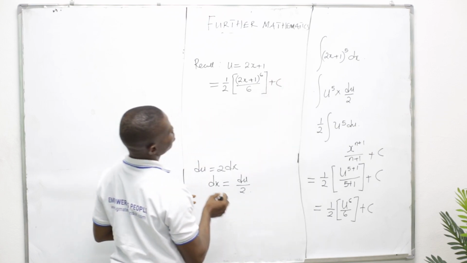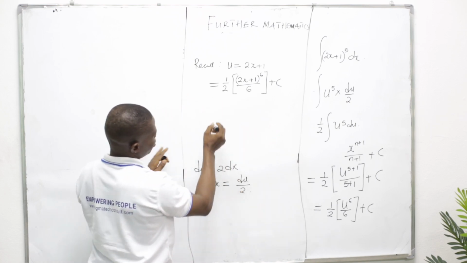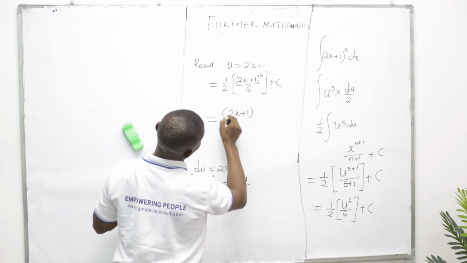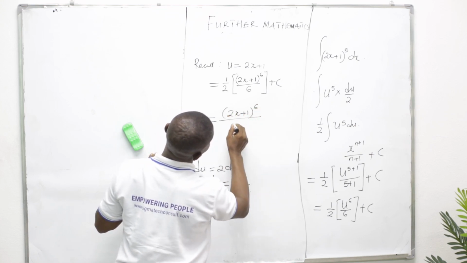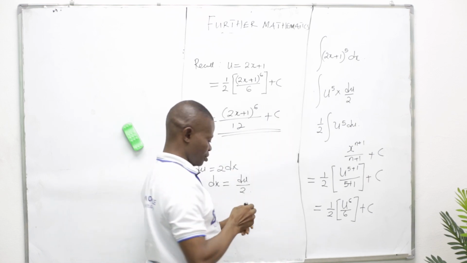Constant. If you want to leave your solution this way, fine, no problem. But if you don't want, just say 2x plus 1 raised to power 6 all over 12 plus c. It will give you the final solution.